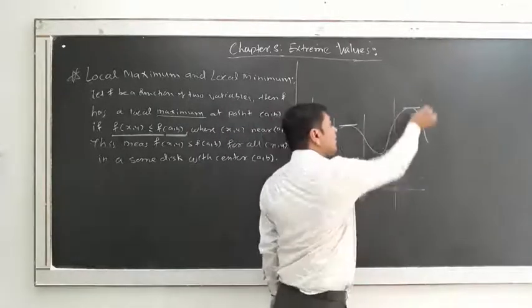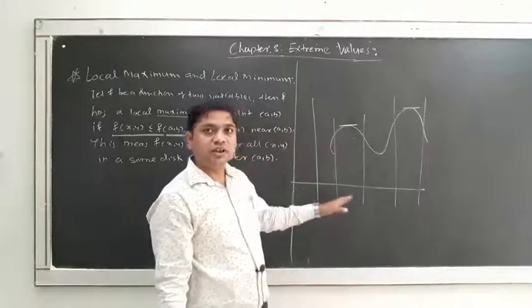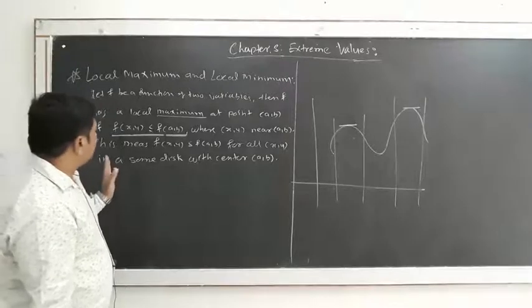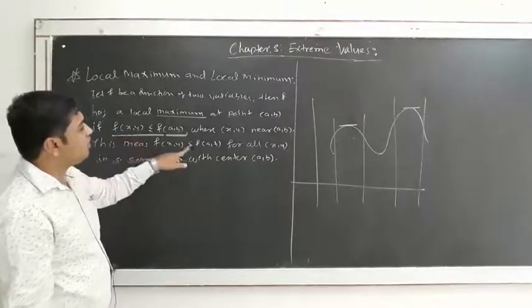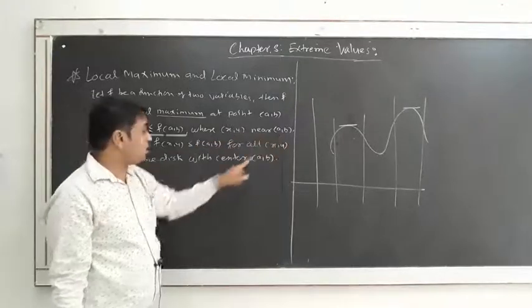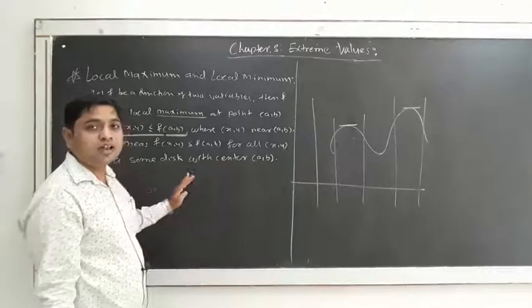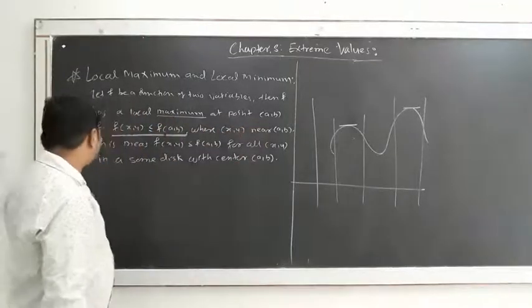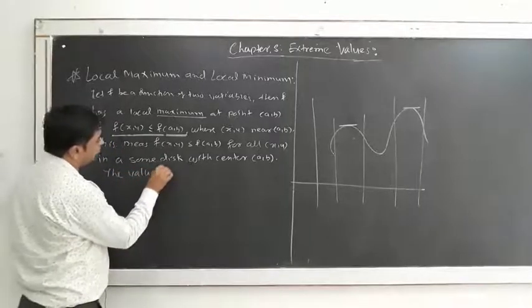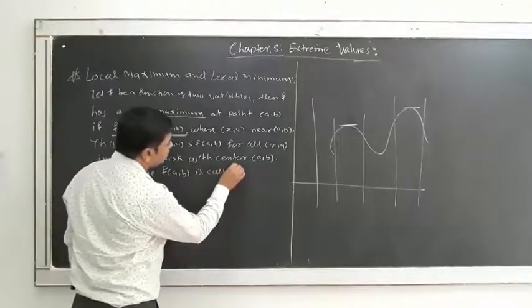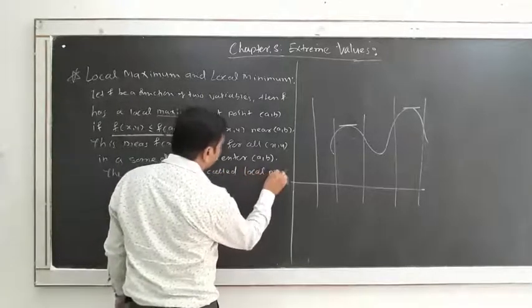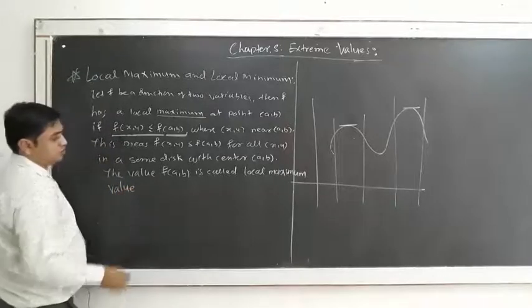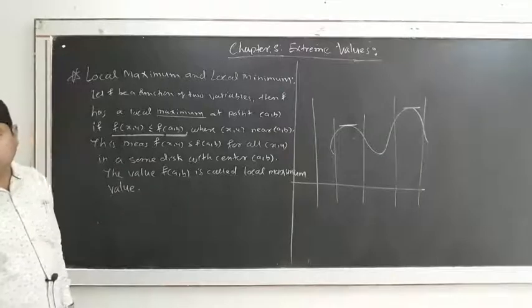Similar things we have to discuss for two variables or a surface. So if this inequality holds for all points (x, y) near (a, b) or in some disk with center (a, b), then we say that this function has a local maximum at point (a, b), and the value f(a, b) is called the local maximum value.